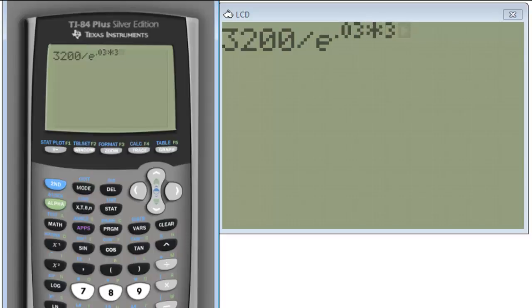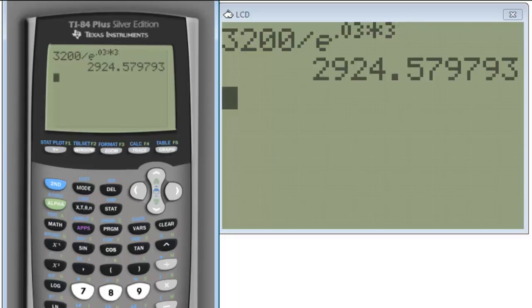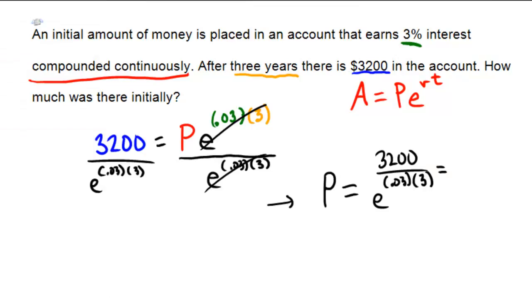If your calculator needs it, you might have to put extra parentheses around the 0.03 times 3, so that way you're making sure that it's in the exponent. But if we enter this, we end up getting an answer of 2924.58. So the answer is 2924.58.